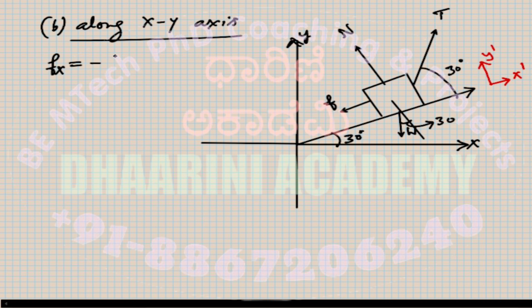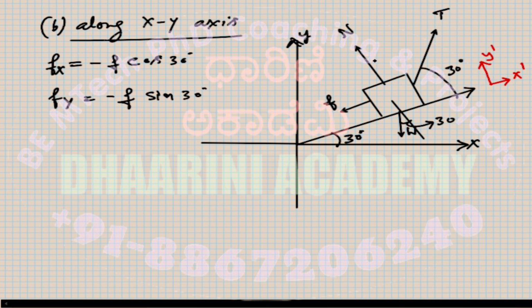So it is negative, minus F cos 30 degree, and the force split into y axis. Whenever the angle is given with respect to x axis, I can find the y component by using, again, this is going downwards, so this is minus F sine 30 degree. So that is the answer for the resolution of F along x and y axis.